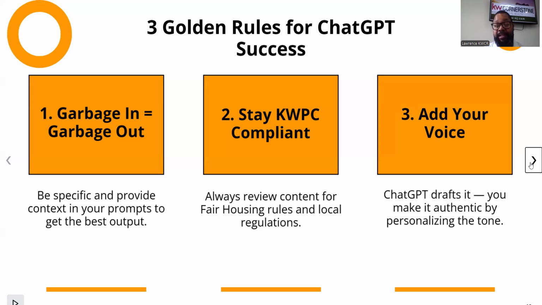It's going to give you something, but not the personal output of what you're looking for. So be extremely specific and provide context. That's another important part of it, to provide context in your prompts.